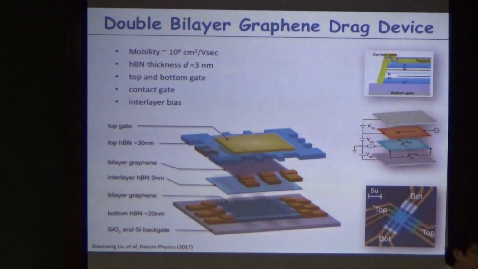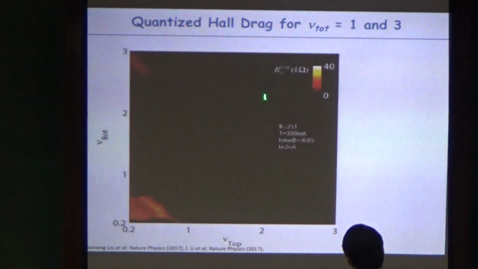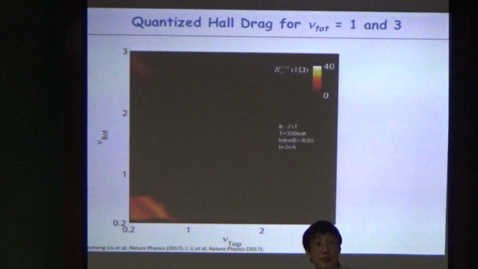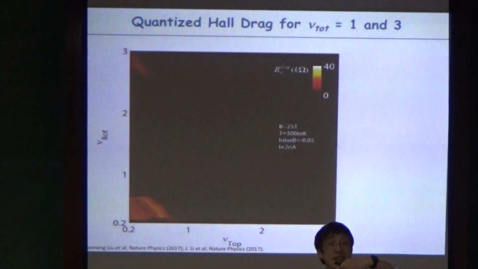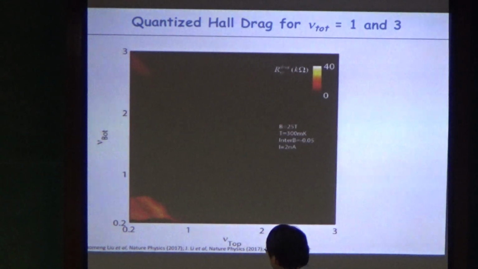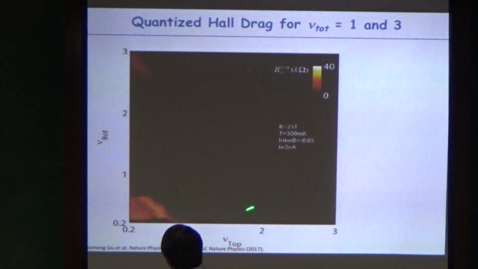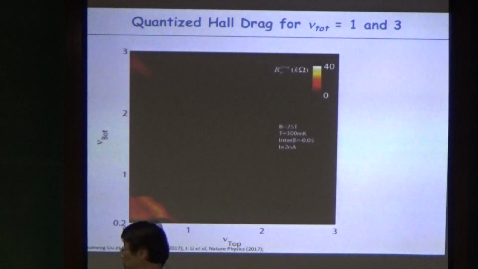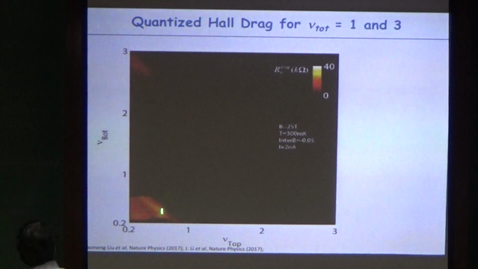Indeed, not surprisingly, once you do that, we start to see this. For example, in this experiment, I'm showing the Hall drag measurement, which is supposed to be quantized when these two layers couple and the exciton condensation starts to appear in the experiments, right? Here the bottom filling fraction and top filling fraction can be controlled by the gate voltages. And in this range you get a finite Hall drag, which means the layers are coupled.